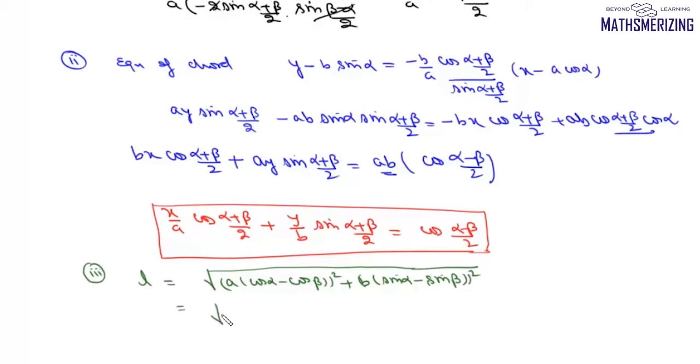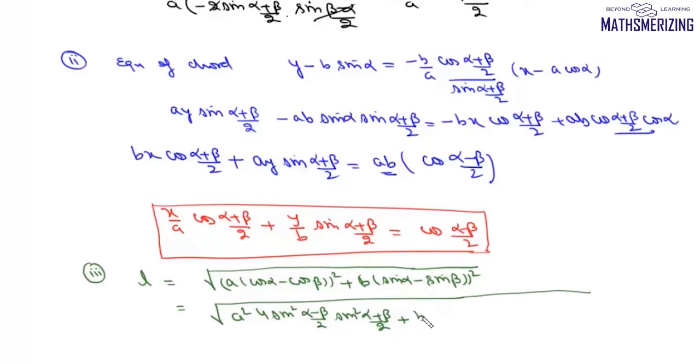So now we can write this as under root of, so this is a square and here it will be 4 sine square alpha minus beta by 2 into sine square alpha plus beta by 2, plus b square, and here it will be 4 sine square alpha minus beta upon 2 into cos square alpha plus beta upon 2.